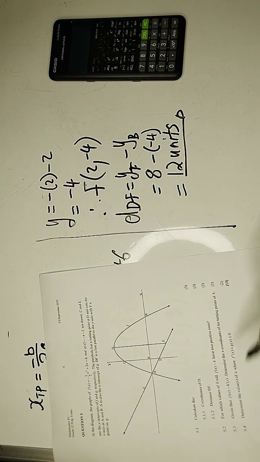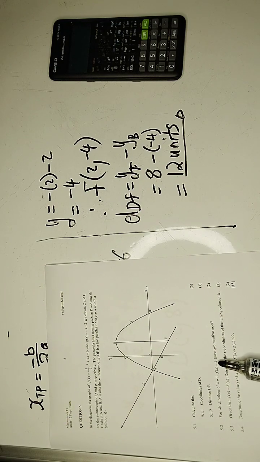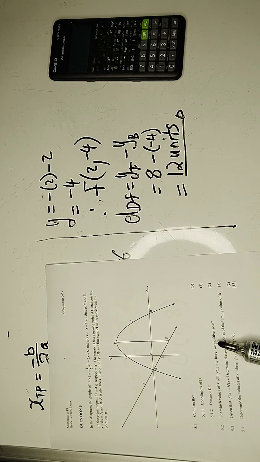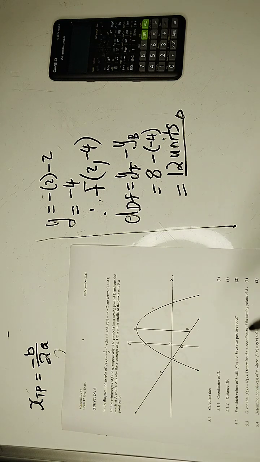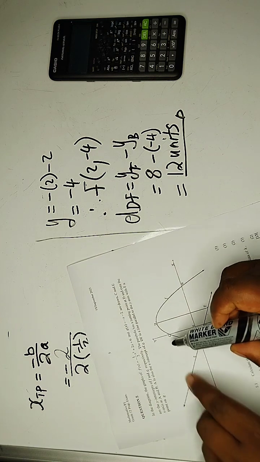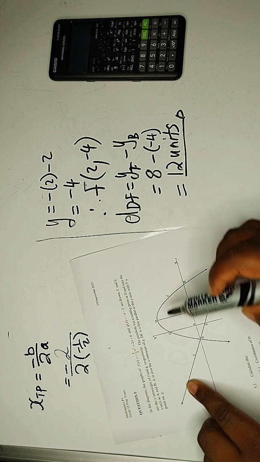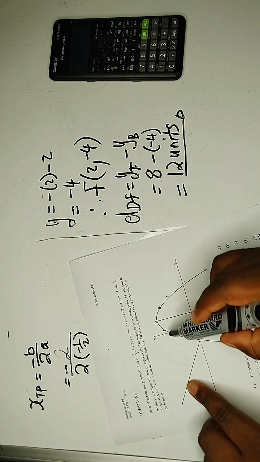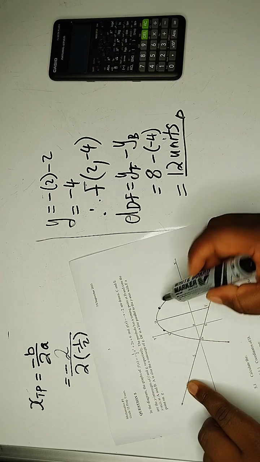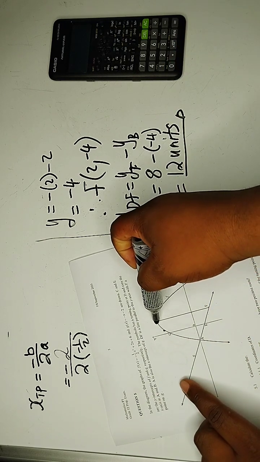Okay, then from there, for which values of k will f of x equals k have 2 positive roots? That means I will have to take a ruler and put it here. While I put it here, I check that it must touch here and here. When it touches on the positive side, that's what they are looking for. But when I start from D, it touches once.